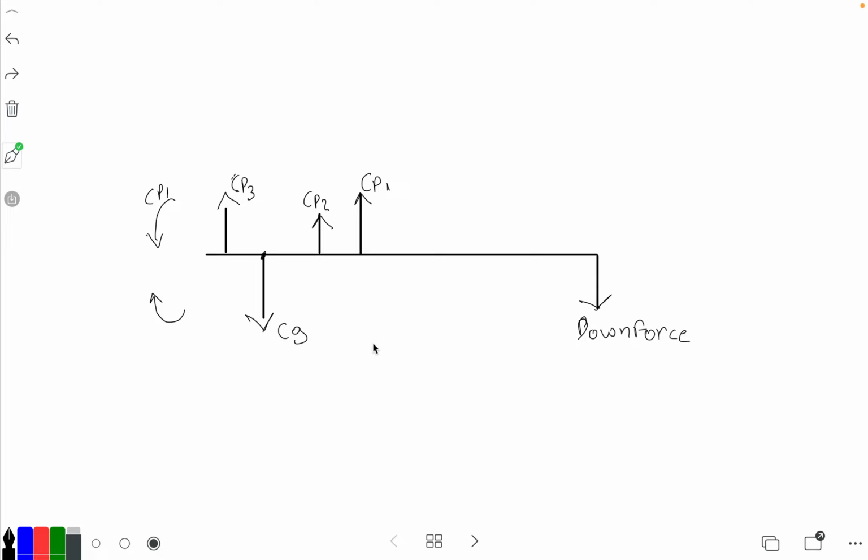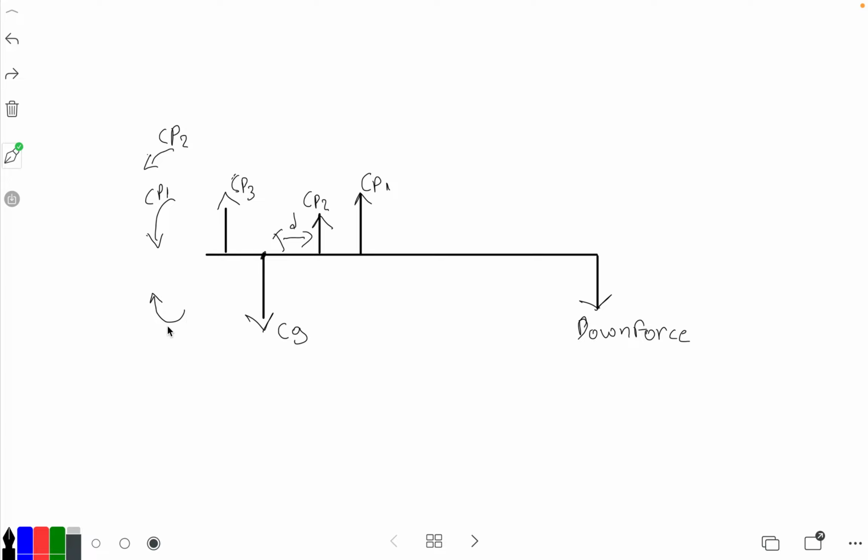If we decrease the distance from the center of gravity and the center of pressure, we also have this pitching moment from the center of pressure, but it is not strong enough.